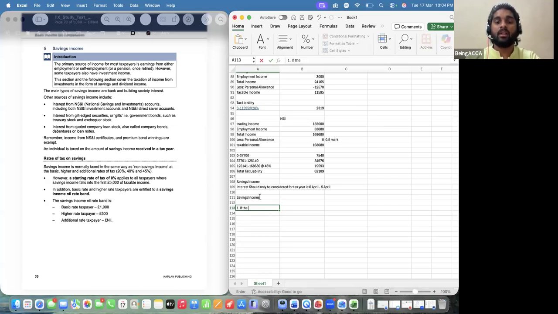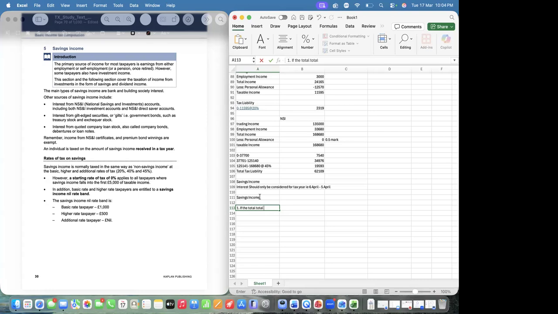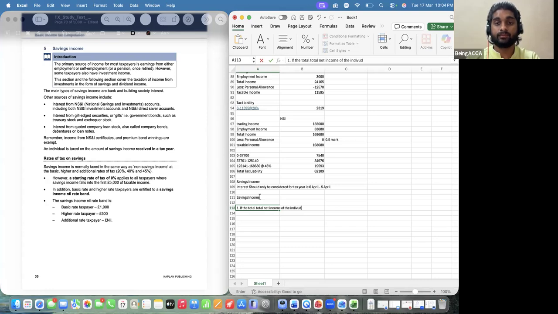One is, if the total net income of the individual is less than 5,000 and savings income falls in that 5,000, then it will be taxed at zero.